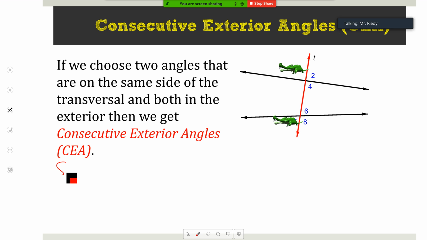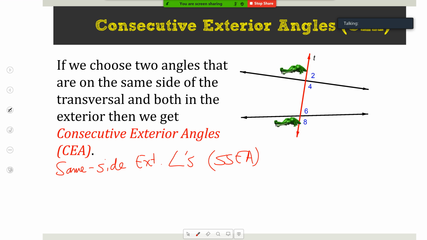If you prefer, same side exterior angles, SSEA. And again, I don't care which ones you want to use. The walking alligators is 1, and therefore 2 and 8 would be the other same side exterior angles.